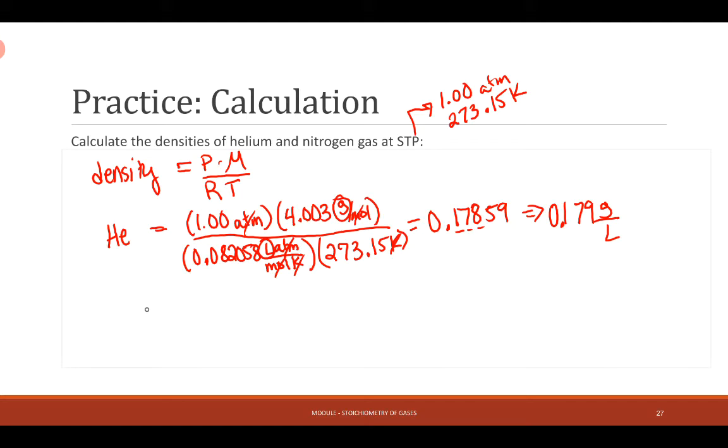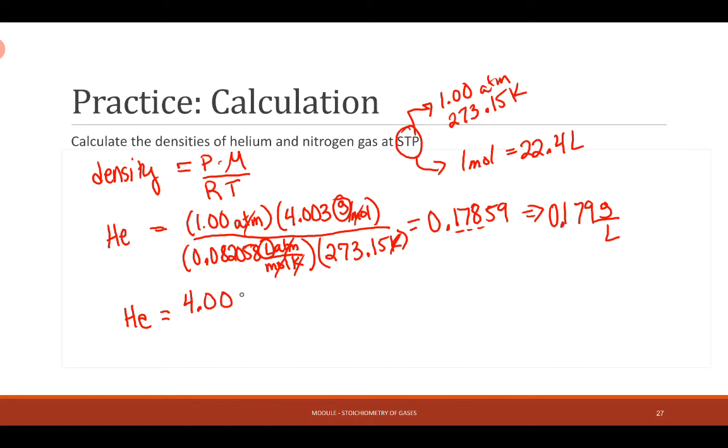There is a second way of doing this. This is where units come in really nice and helpful. Since we are at STP, we know that 1 mole of any gas occupies 22.4 liters.